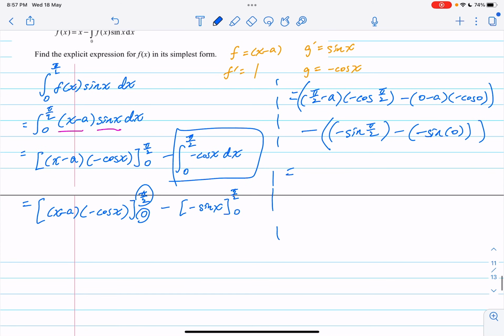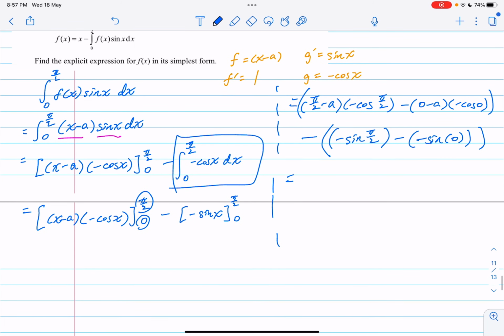So now we've got, right, we're just going to simplify this. Minus cos pi over 2 is 0, so this is gone. And this part's gone.